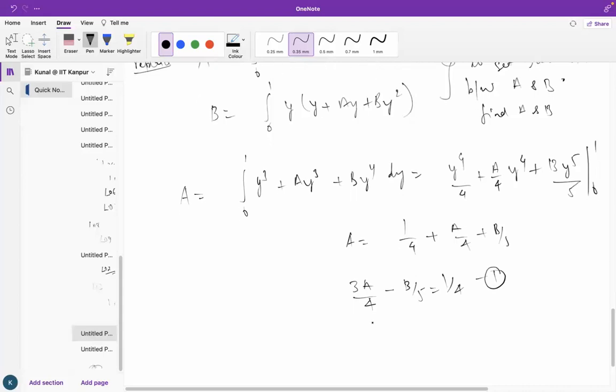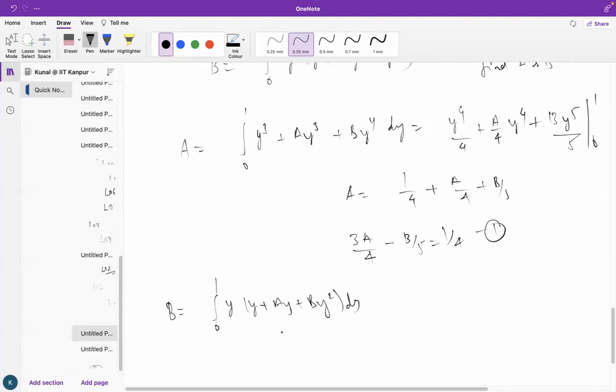Now move to the b. So our b is equal to nothing but we are integrating from 0 to 1, y times y plus ay plus by square. So let me multiply it inside the bracket. So what we will get here? We are integrating from 0 to 1, y square plus ay square plus by cube dy.